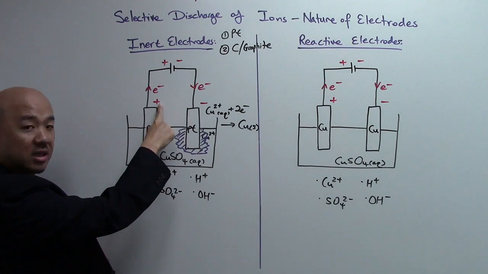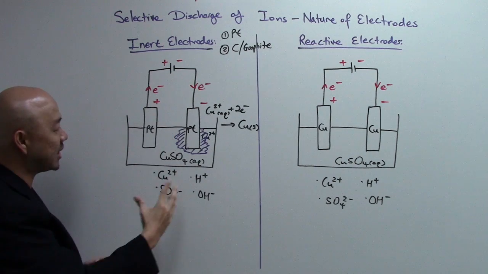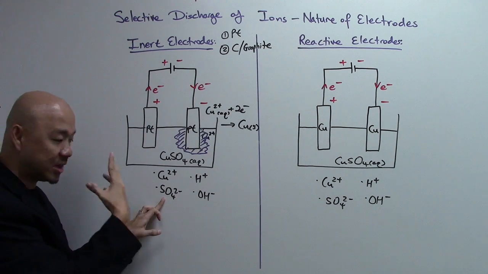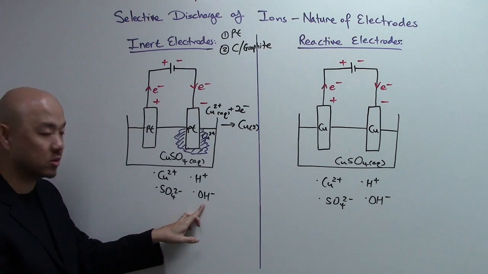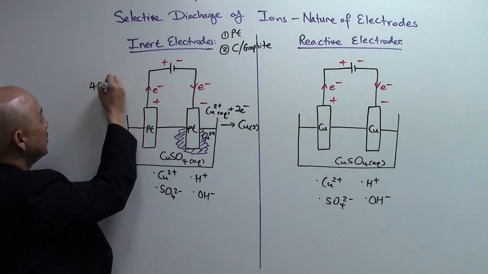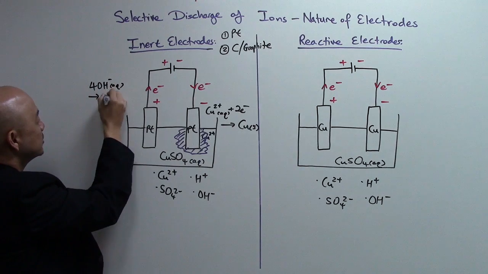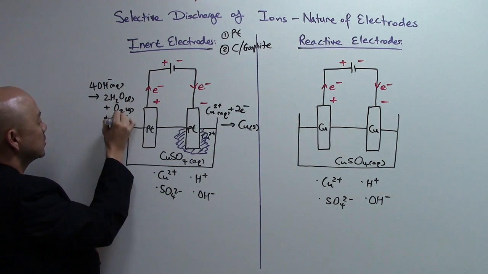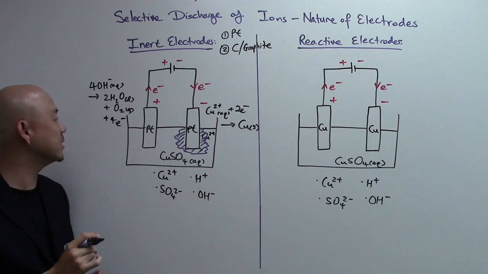This side is positively charged, so the negative ions will go there, sulfate and hydroxide. Sulfate, as we mentioned previously, will never get discharged, so it will be your hydroxide, and the 4OH-, 2H2O, O2, 4e- equation. Something to memorize so you can move a lot faster. All my students know about this.